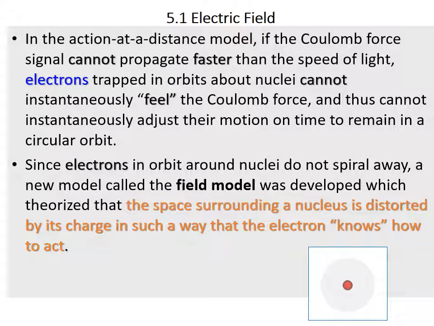Okay, so since electrons in orbit around a nucleus do not spiral away, a new model was adopted, the field. That means that the space around the nucleus is distorted by the nuclear charge in such a way that the electron automatically knows how to act. It gets the information from the surrounding field.